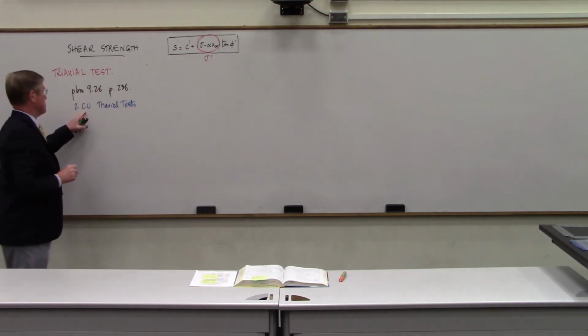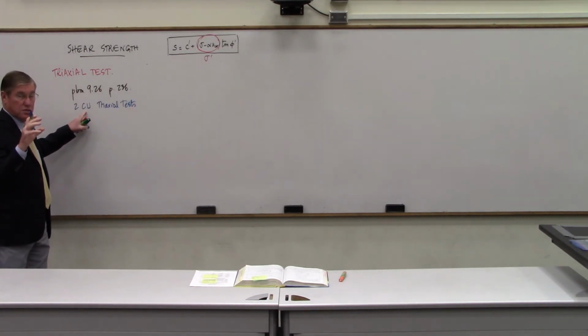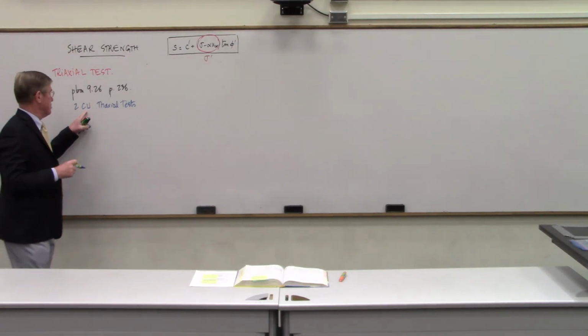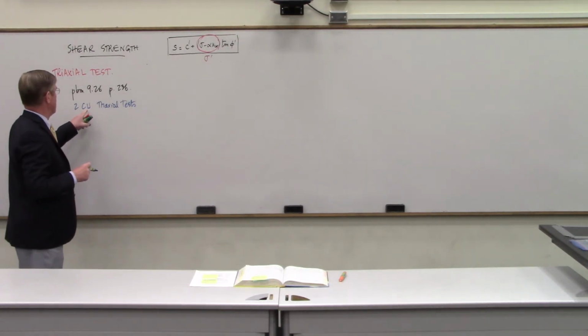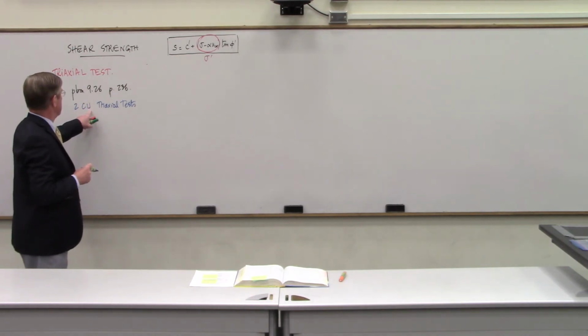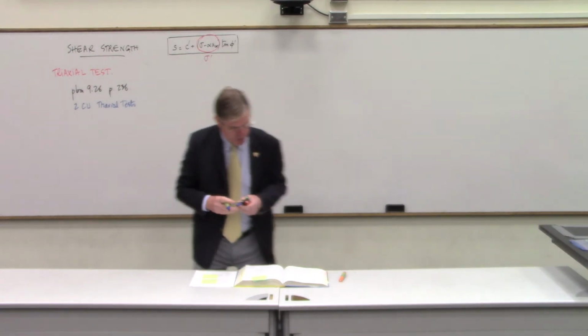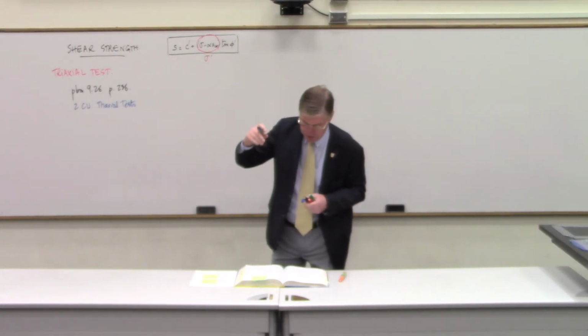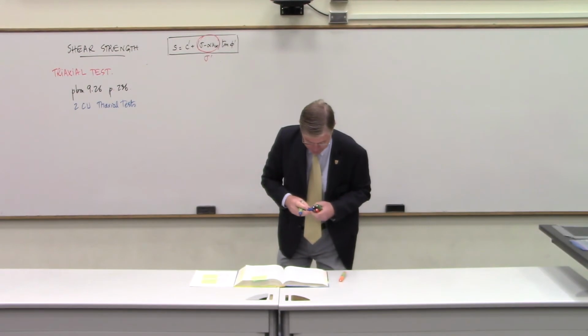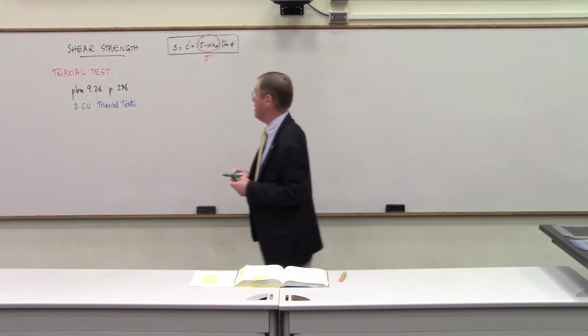So that means consolidated. We're going to consolidate the sample during the sigma 3 phase. We're going to open the line, and we're going to drain the sample, and then we're going to close the valve and increase the vertical load. Triaxial test, and we're going to increase the load until we fail the sample. Are performed on a sample of unsaturated clay.